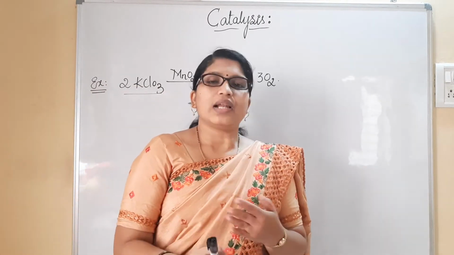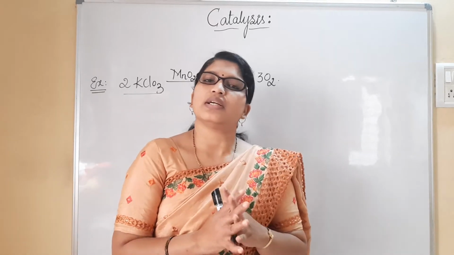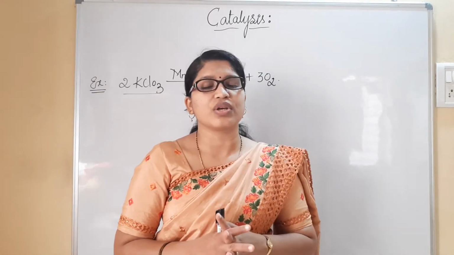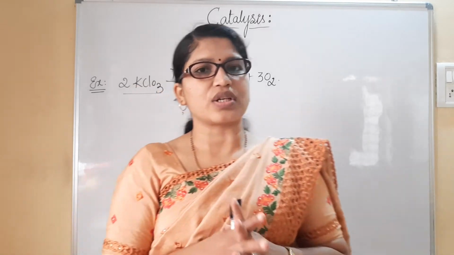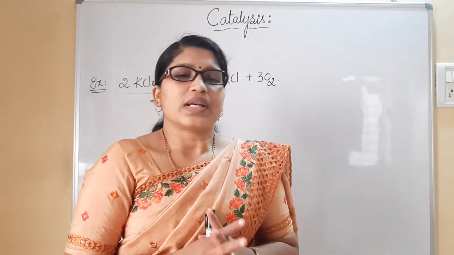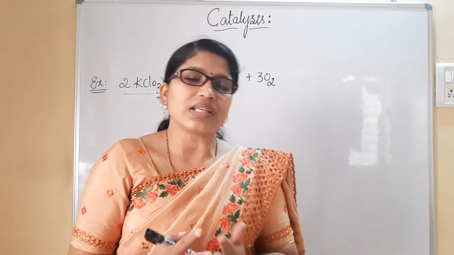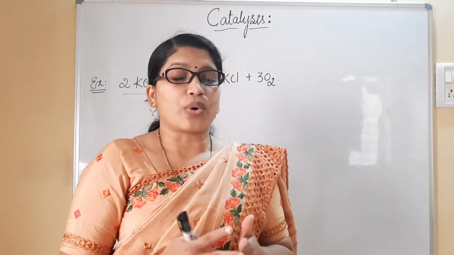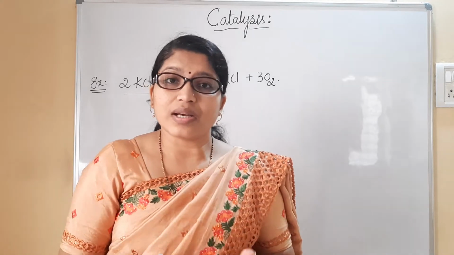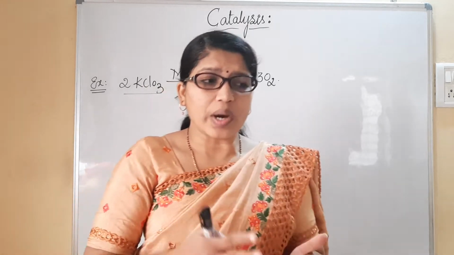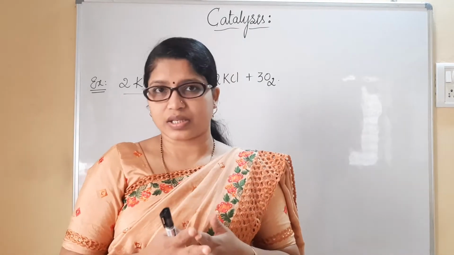Commonly, consider the example of rusting of iron. You all know rusting of iron, right? In the rusting process, the chemical reaction takes a long time. It may take around 20, 30 years and so on for iron to get rusted.